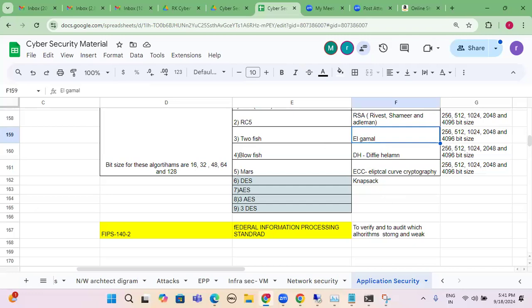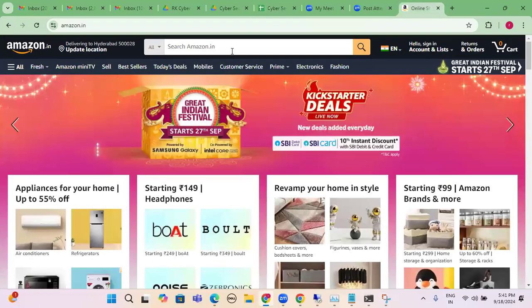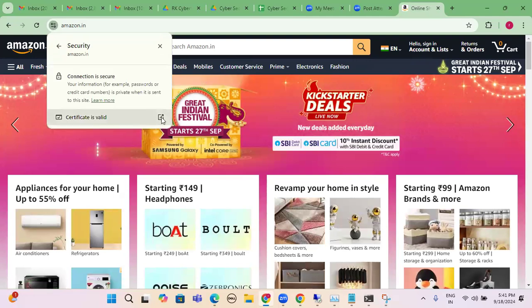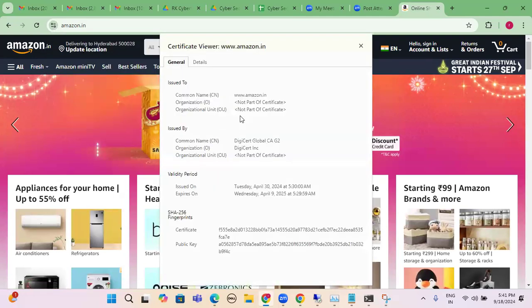Okay, let's go and see now a couple of certificates that Amazon is using. www.amazon.in. Now, where did they purchase this certificate from?